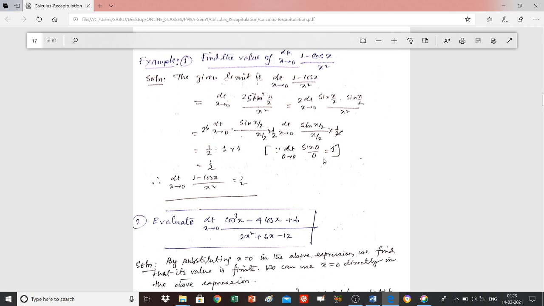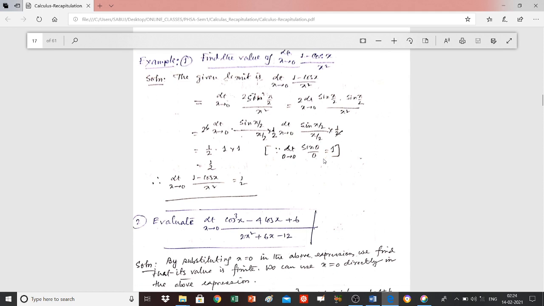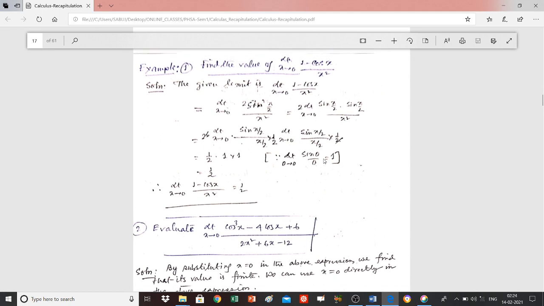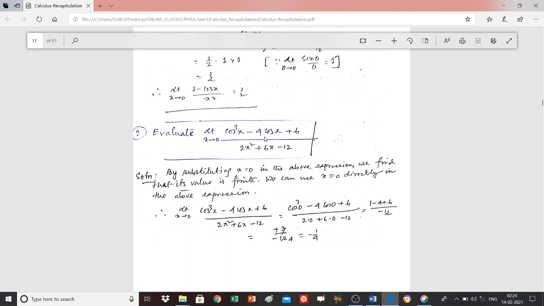This is the usual method to find the value of a limit. Here is an example I am dealing with, and it will not take much time. See this limit: first you can use the value of x as 0. Since the limit is x tends to 0, just substitute the value of x in this expression.